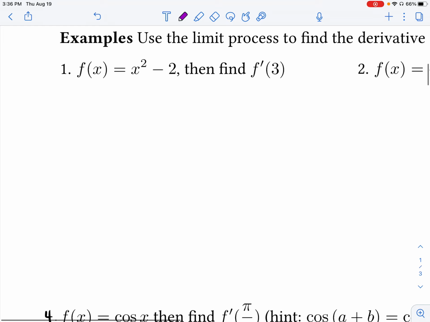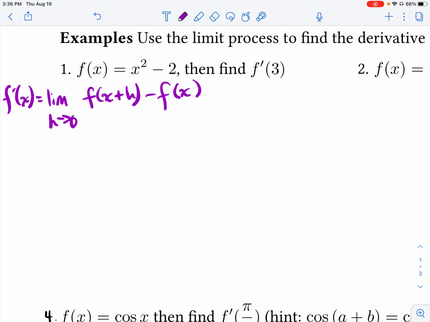Okay, so let's do this. We're going to say f prime of x is equal to the limit as h approaches 0 of, and I'll write it once just to make sure that we remember what the difference quotient is. But this is the limit as h approaches 0 of x squared minus 2 plus h.